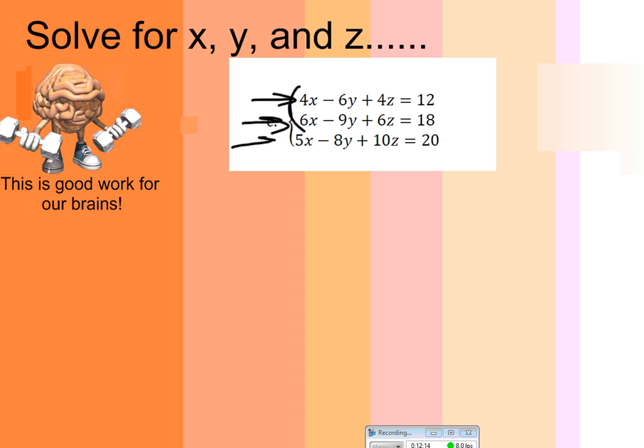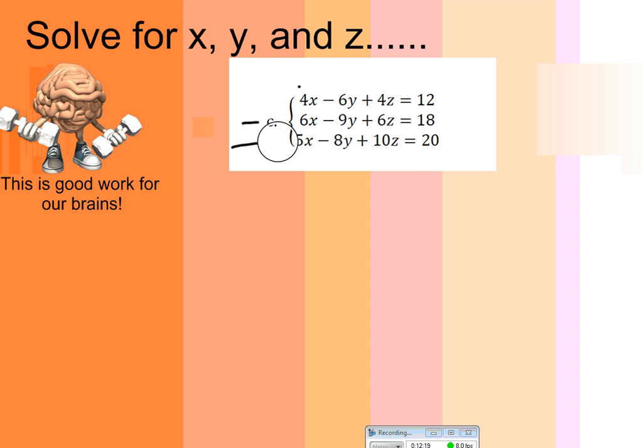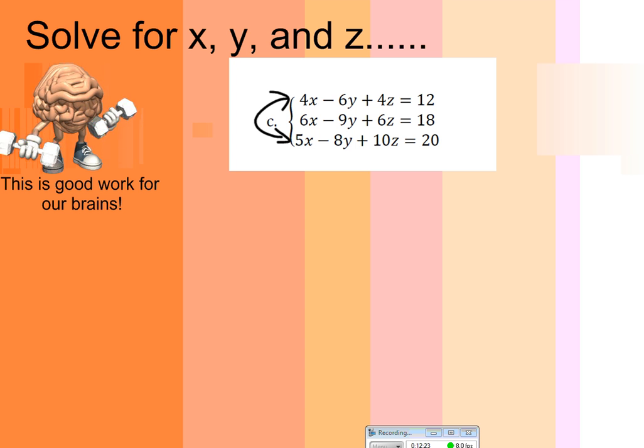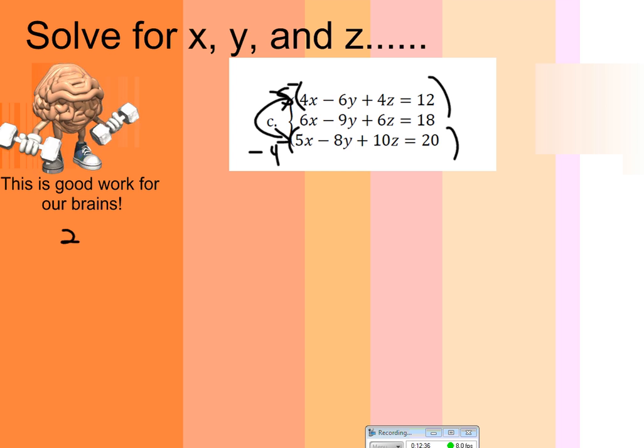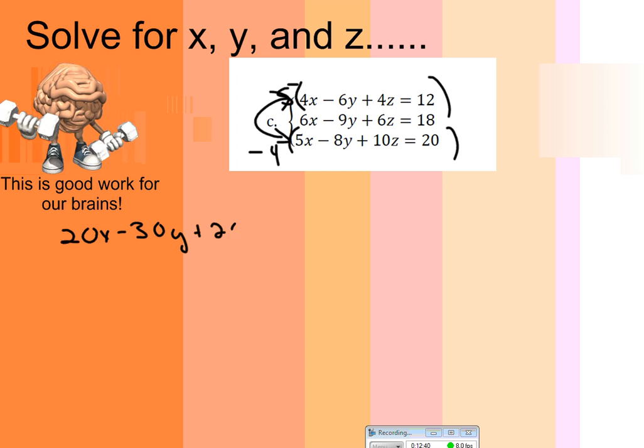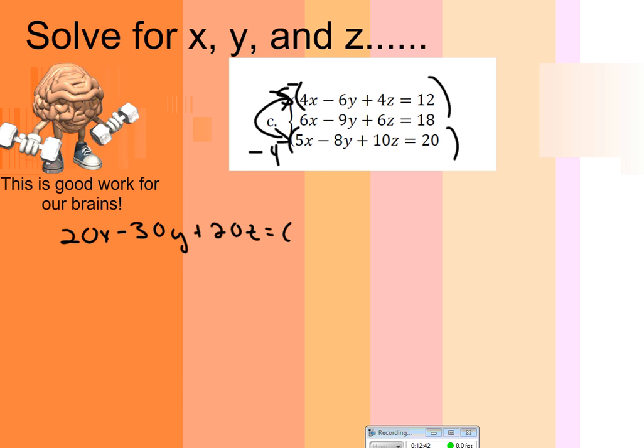Let's take the top two. Better yet, now let's not take the top two. Let's take the top and bottom one to start. Top and bottom one, let's get rid of x. So 4 and 5, let's do that. If I multiply this top one by 5 and this bottom one by -4, the top one by 5 is going to be 20x minus 30y plus 20z. 5 times 12 is going to be 60.